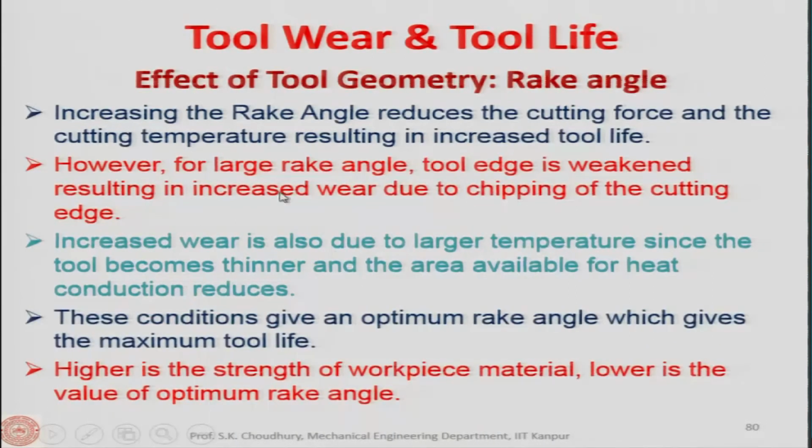Well, how does the tool geometry affect the tool life? Okay. Let us say first the rake angle. Now, we have already made very clear that increasing the rake angle reduces the cutting force and the cutting temperature, all right. That will result in increased tool life, all right.